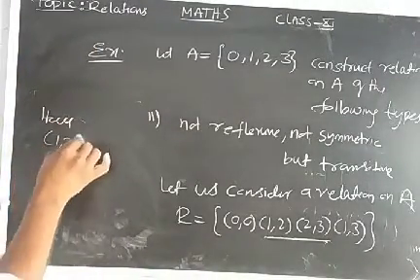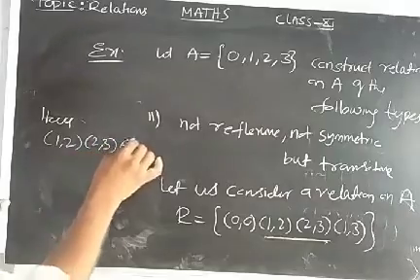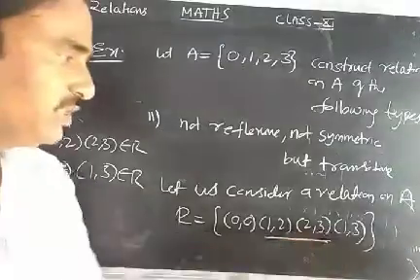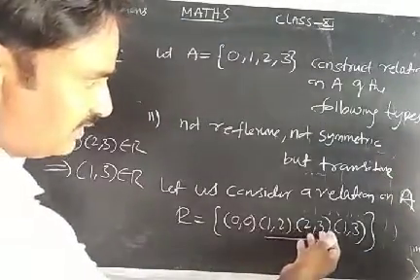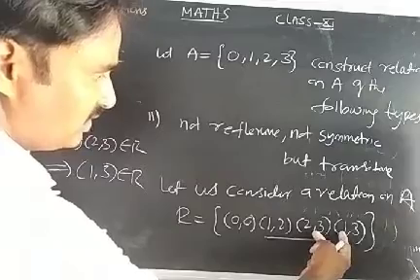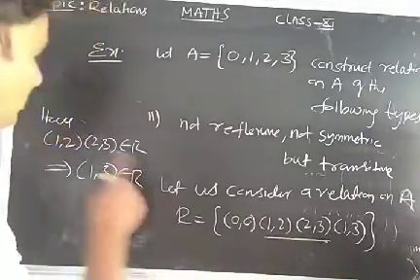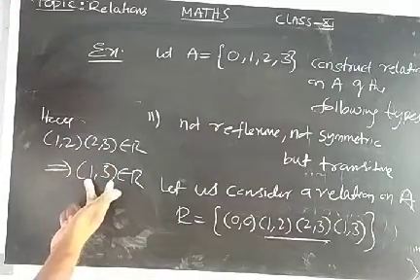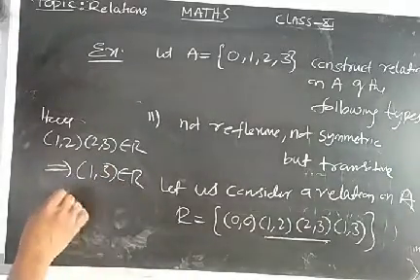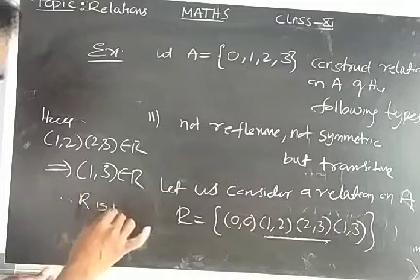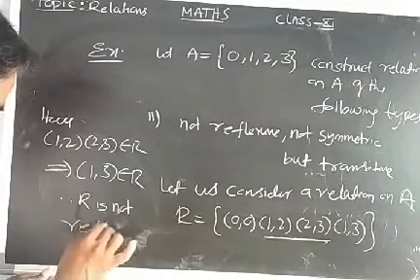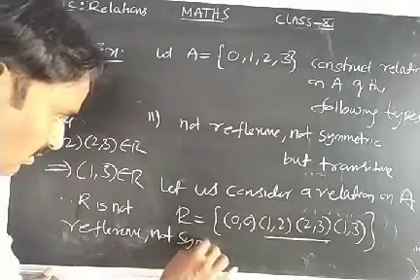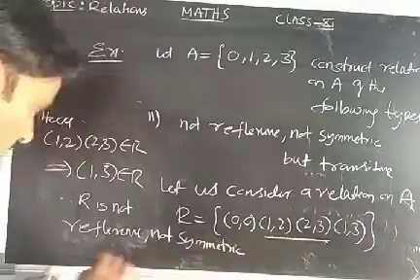Here 1 comma 2 and 2 comma 3 belong to R. That implies 1 comma 3 also belongs to R. Are there any two other order pairs here? No. Only these two order pairs exist to check the transitive condition, and the new order pair 1 comma 3 belongs to R. Therefore you can say R is not reflexive, not symmetric, but transitive.